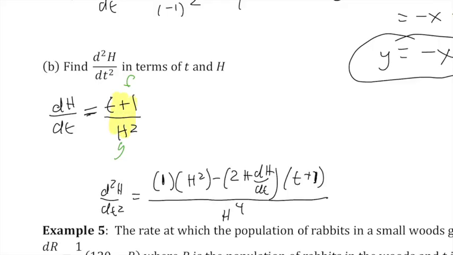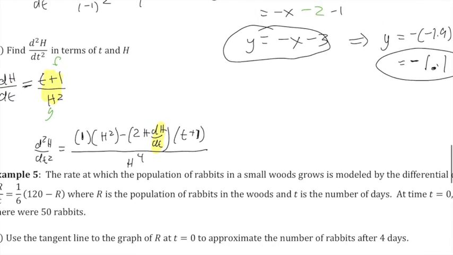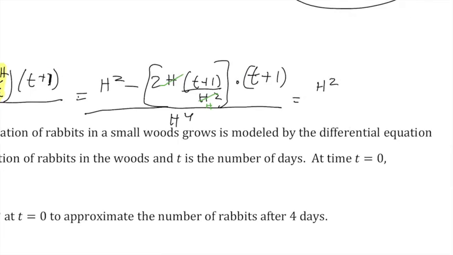So now we're going to substitute this back in for dh/dt. So again, here we can cancel out an h. So this would be h squared minus 2 times (t plus 1) squared over h, all divided by h to the 4th.